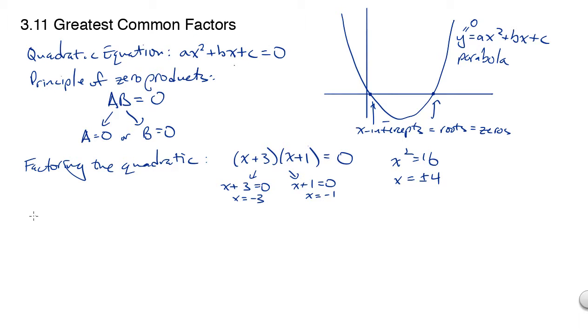So our goal here is to learn how to factor these guys. If you multiplied these two binomials out, you would get the quadratic x squared plus 4x plus 3. And our goal is to go the opposite direction.